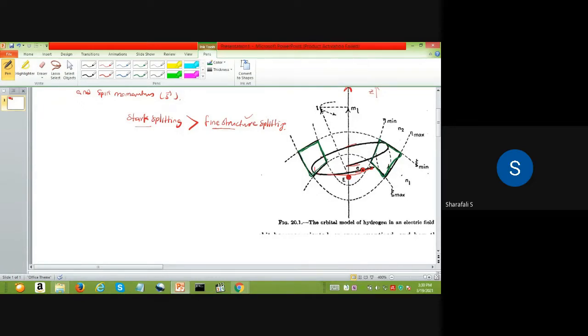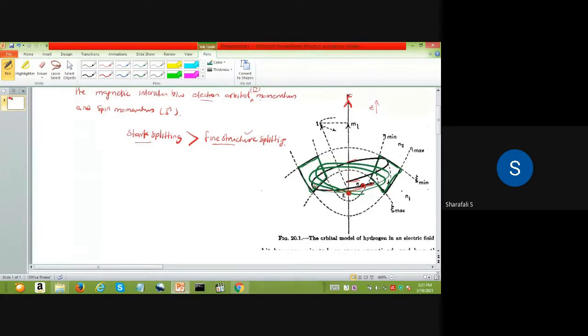So it can go like this. In the first case, it can go like this. The next time it will touch somewhere here and come back and touch here, and it will go again in some different path and touch some other position and come back. So it will have different paths instead of the closed orbit with the presence of the electric field.